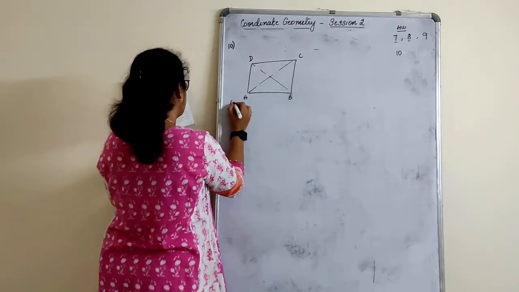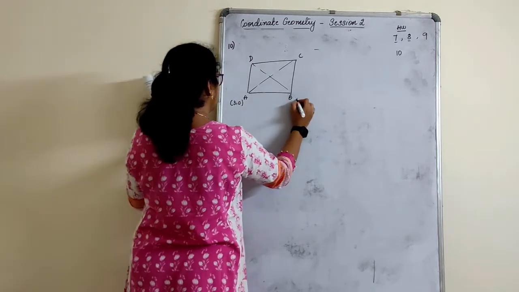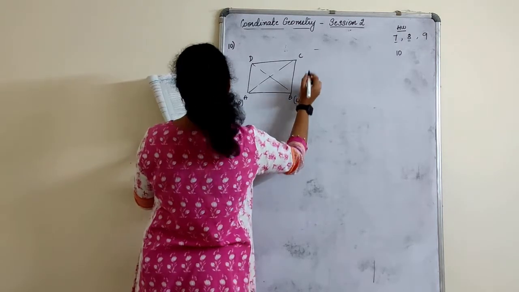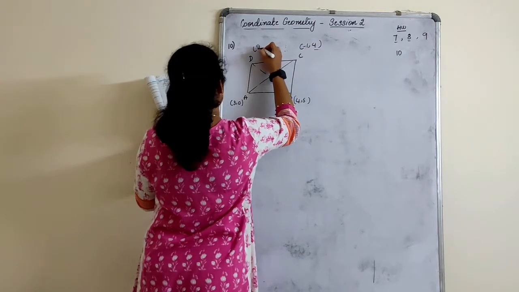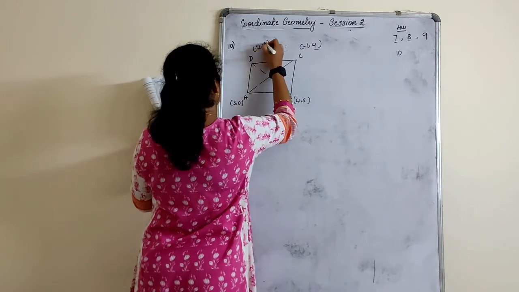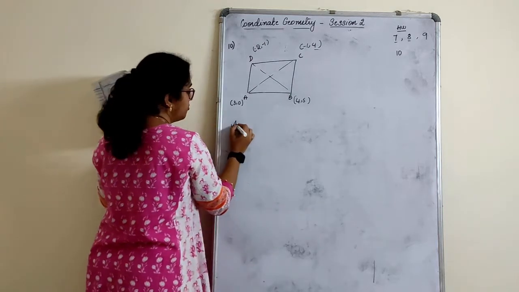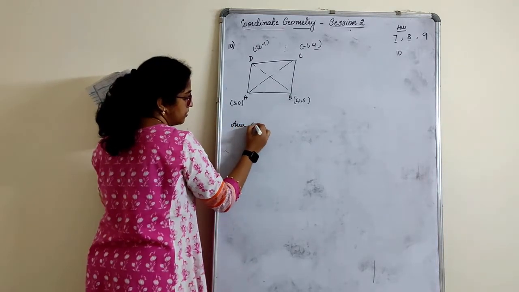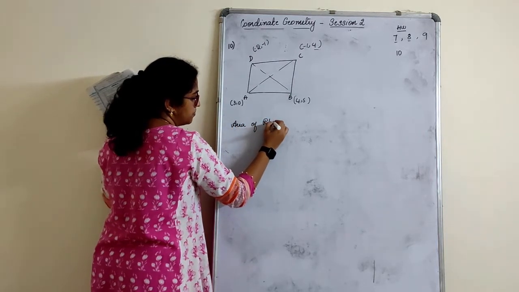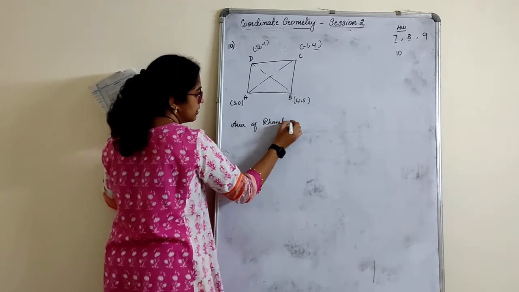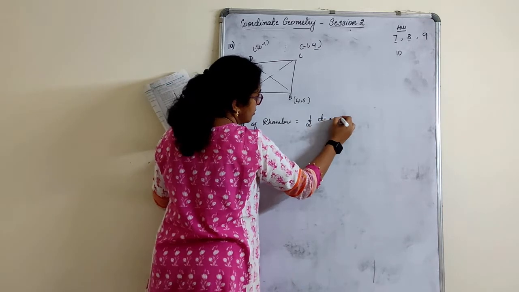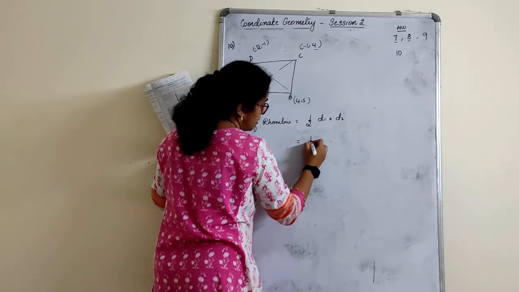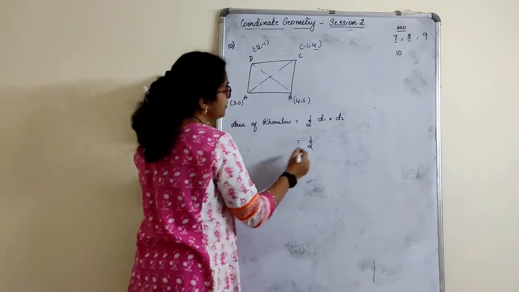What they have given: 3, 0; 4, 5; minus 1, 4; minus 2, minus 1. What's the formula? Area of rhombus is equal to half D1 into D2. Half, what is D1?